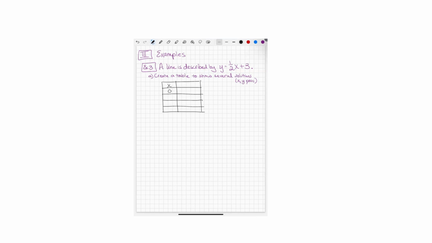And then I'm also boring, so I'm going to do 1, 2, 3. But you could have done other numbers, 10, 50, -5, your choice. And then to find your y value, we're substituting. So the y is apparently 1/2 times x plus 3.